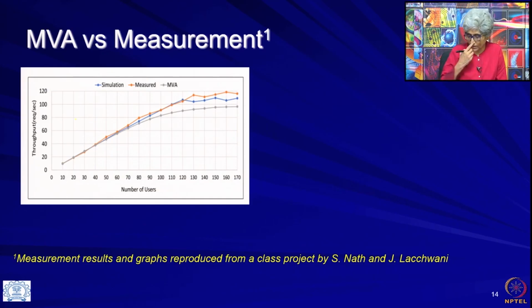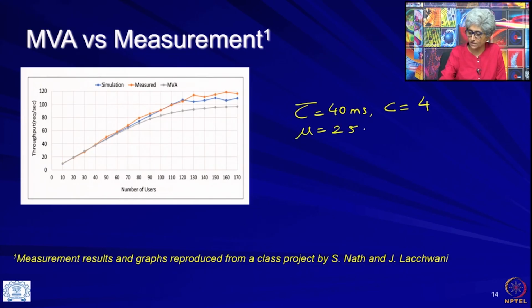Let us think through whether these values make sense before we look at the graph. Recall that tau is 40 milliseconds. There are multiple cores here, so we have C equal to 4. Given tau of 40 milliseconds, mu is 25 requests per second, that is 1000 by 40.